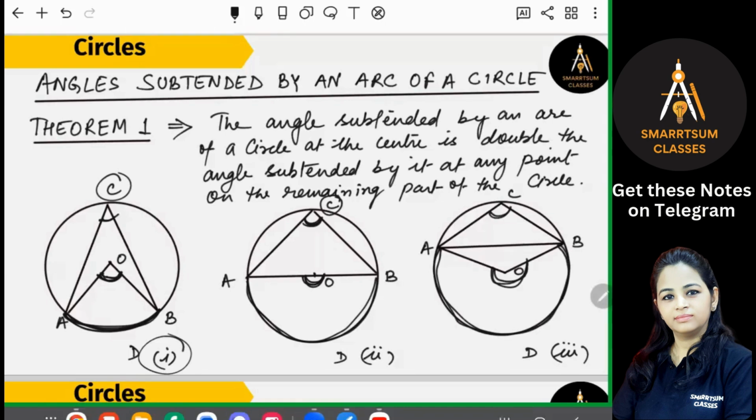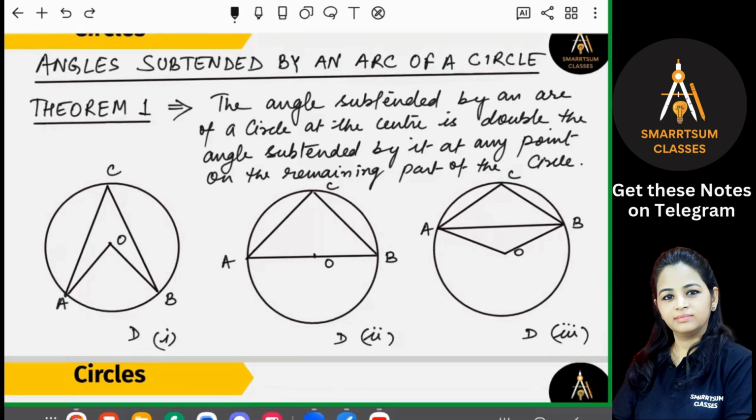Now one by one we will discuss all three cases and prove this theorem: the angle subtended by the arc at the center is always double the angle subtended by the same arc anywhere in the remaining part of the circle.